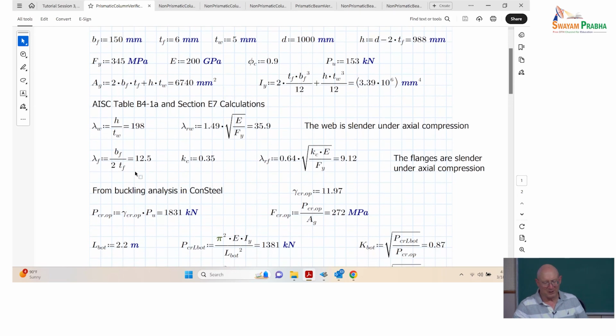If we look at the flanges, we use half of the flange width over the thickness as the width to thickness ratio in the US practice here. And for a thin web, I'm not showing you the equation, but kc is 4 divided by the square root of h over tw.